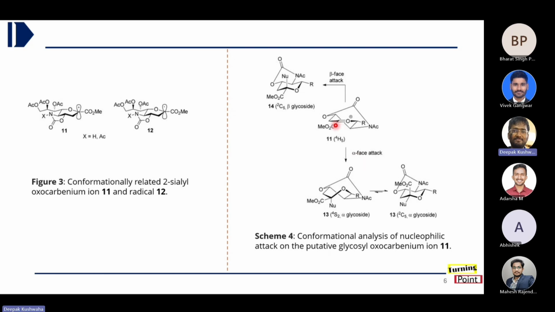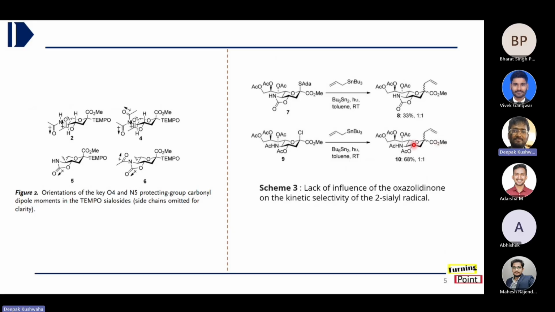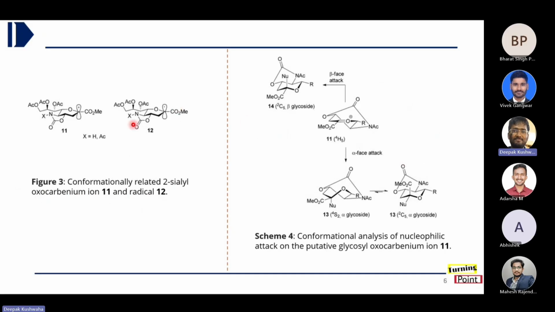explaining that since in these planar forms none of the faces are getting too sterically blocked, both possibilities are equally facile to undergo beta face attack or alpha face attack. So here they are showing that the intermediate, the radical most likely, will be closer to this oxocarbenium ion, similar to this only, and that's why they are getting the 1:1 selectivity.